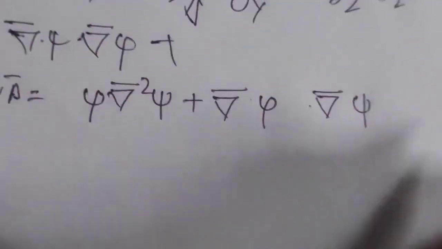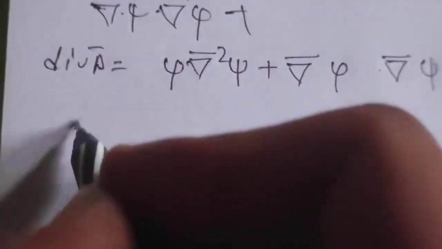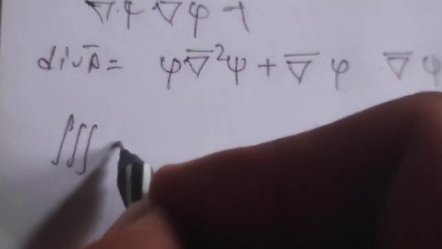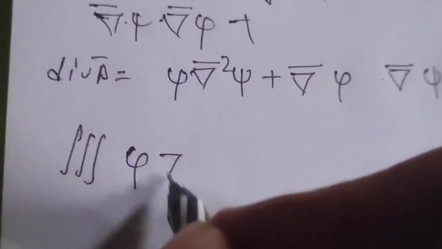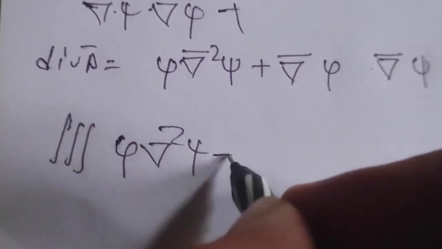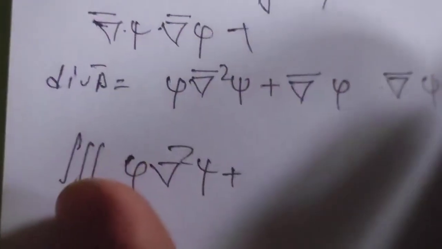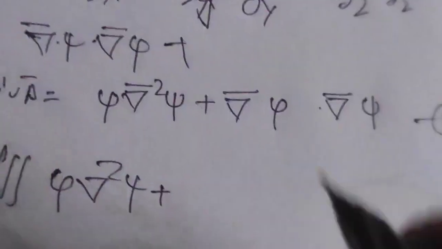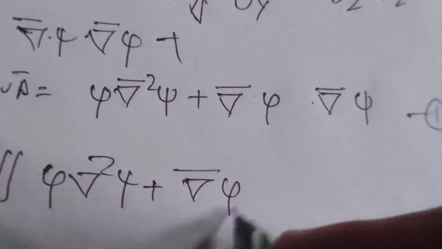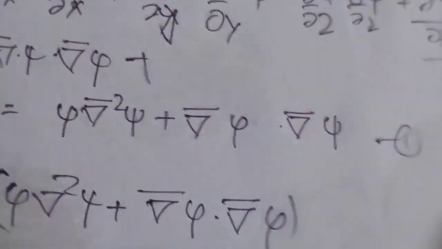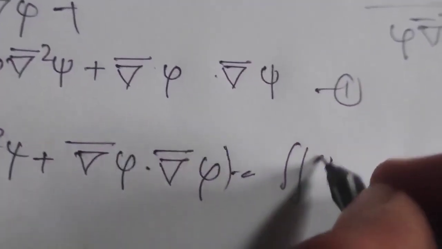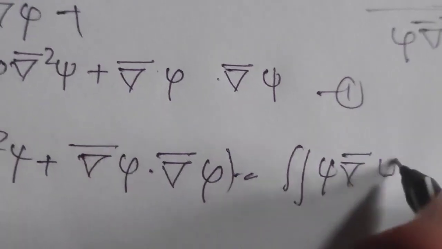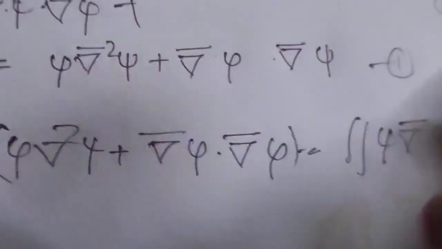And we put it in equation 1. Our equation 1 is the triple integration of divergence of A, which is phi Laplacian psi plus gradient phi dot gradient psi, equal to the surface integration of A, which is phi gradient psi dot ds, and here it is dv.